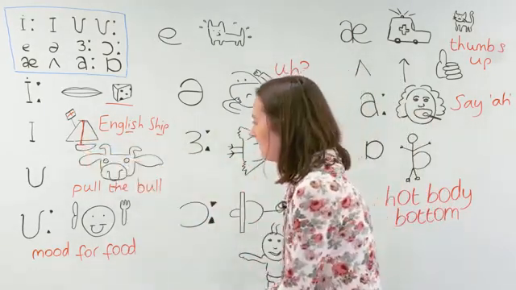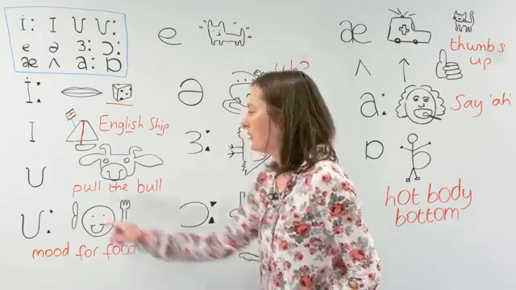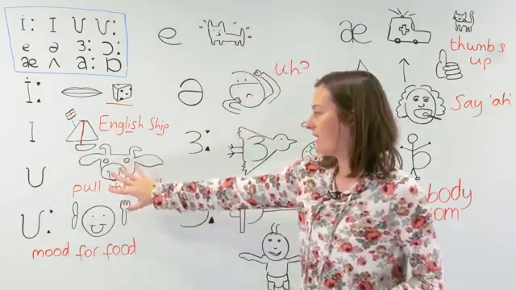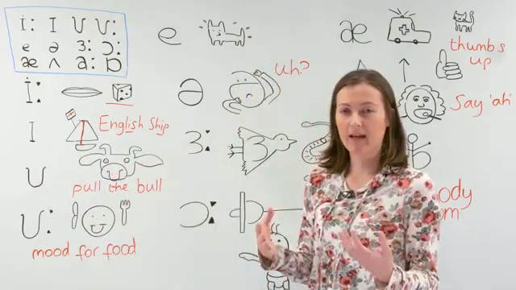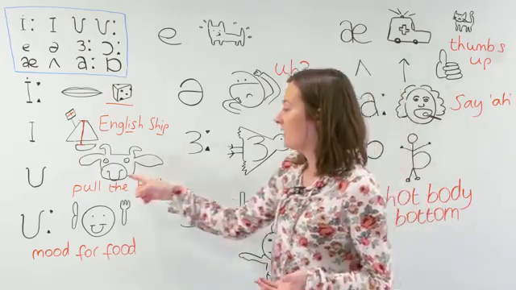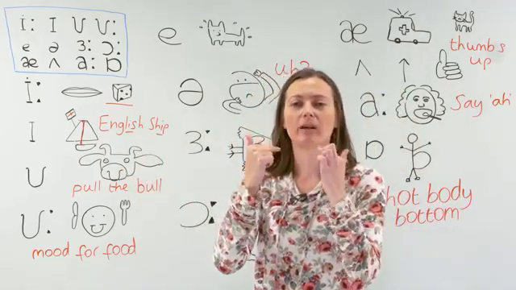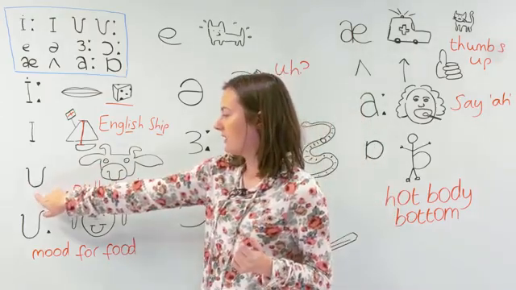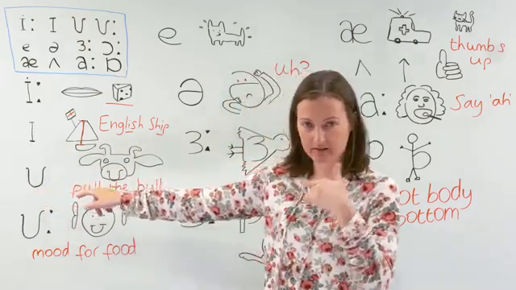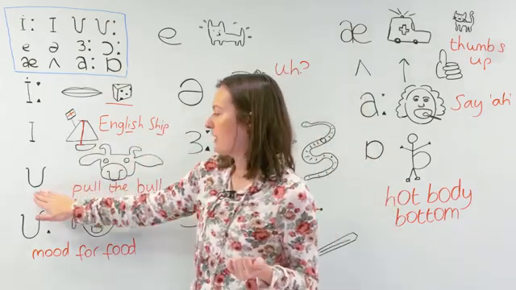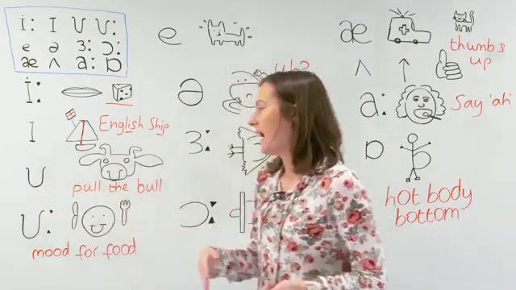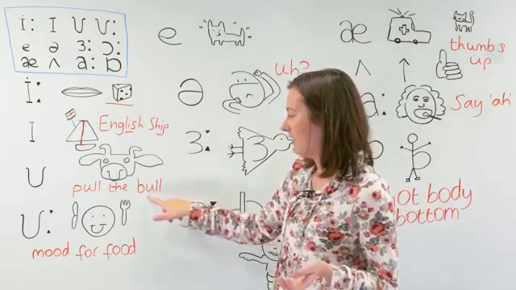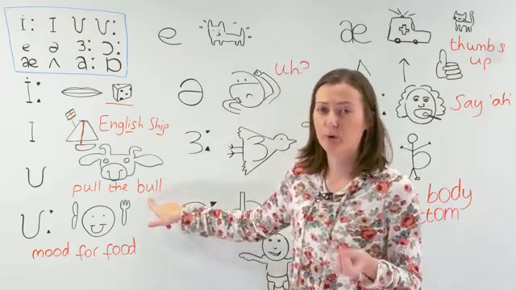Okay? Next we have U. If you imagine a cow in a field, do you ever see them when they have that ring through their nose? Like that. That is the same kind of shape as the phoneme U when you see it in the nose. And very conveniently, that phoneme is in the word bull.